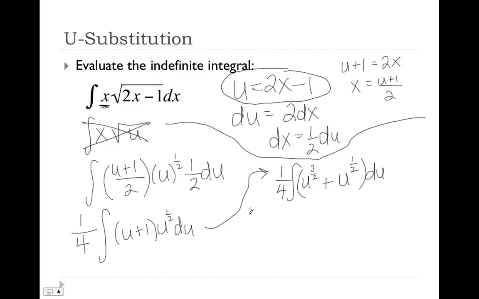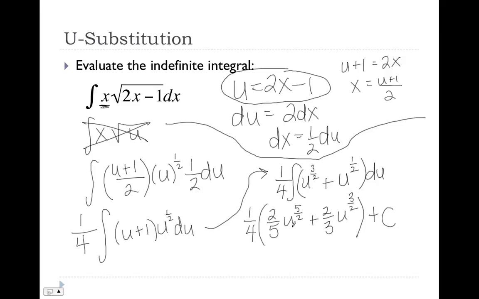Now I can integrate. 1/4. I bring u to the 3/2 up a power, and I have 2/5 u to the 5/2 plus I bring u to the 1/2 up a power, and I have 2/3 u to the 3/2 plus c.